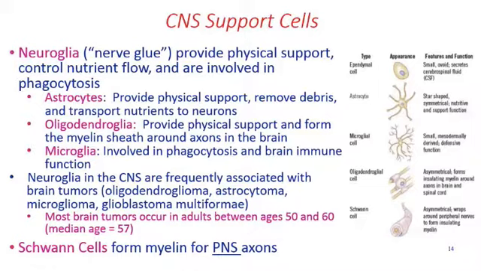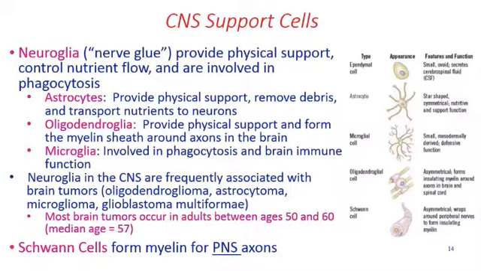Now, important to know that the glial cells are unfortunately frequently associated with brain tumors, and so we have brain tumors that are called oligodendrogliomas if they result from an abnormal proliferation of the oligodendrocytes in the brain. That's a brain cancer type of brain tumor that results from the oligodendroglial cells. An astrocytoma is another form of brain tumor that involves the astrocytes.